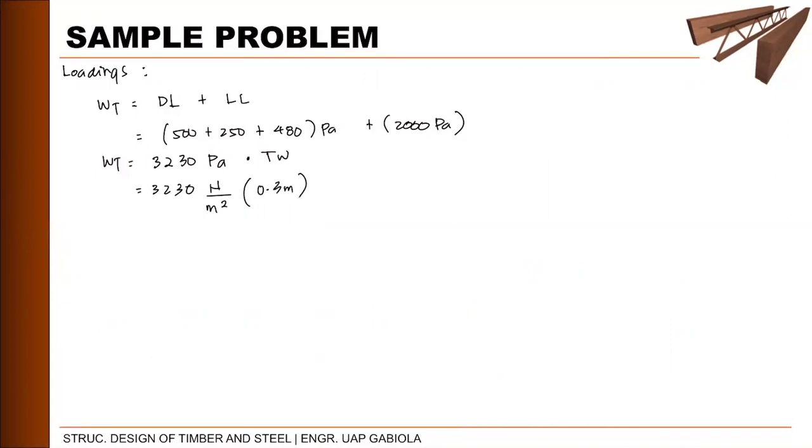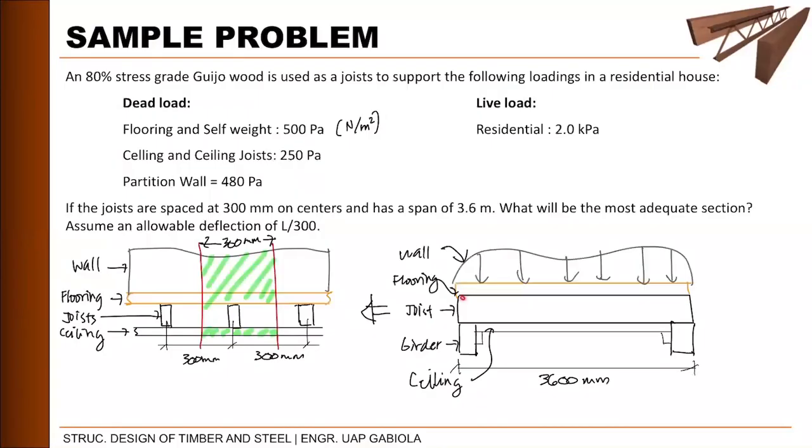So meron tayo ngayon na weight is equals to 3,230 times 0.3, 969 Newton per meter. So itong weight na to will be the one applied dito sa beam natin. Ito yung mismong beam natin, di ba? Ito yung pinaka-beam natin, yung joist na design natin. So, dyan natin i-apply yun.